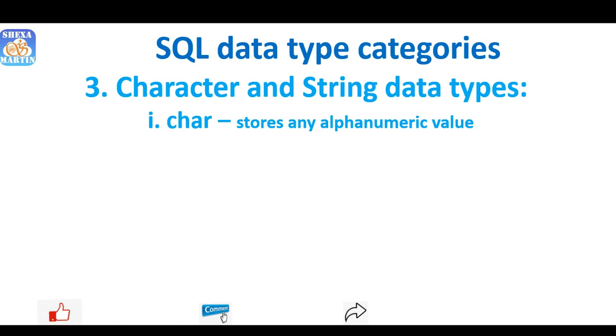So the value you have will be of size 10 bytes, not 10 characters. When I say character 10, it doesn't mean I'm going to have 10 characters, but that the column has a fixed length of 10 bytes.